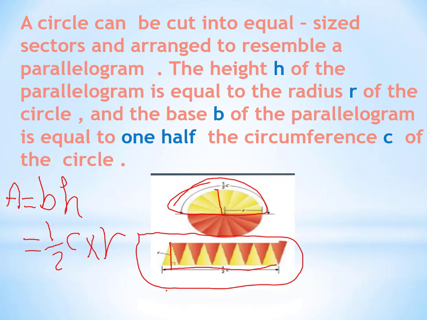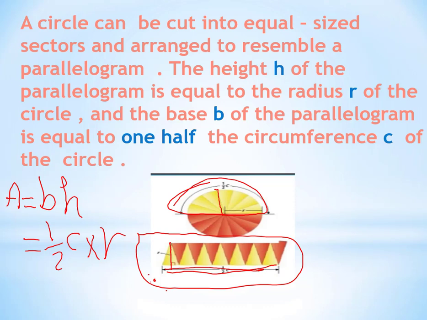This shape is a parallelogram. We want to find the area of the circle. The area of the circle is the same as the area of this parallelogram. So the area of the circle, or the area of the parallelogram, equals base times height. So the base equals half the circumference, and the height is r.